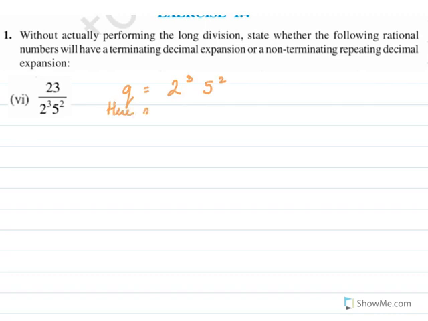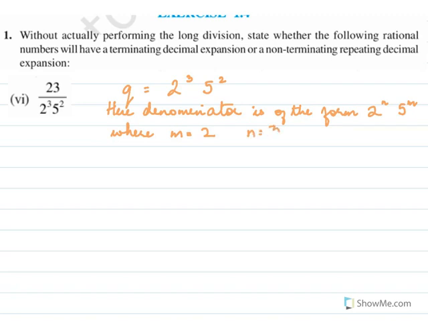So we can say here the denominator is of the form 2 raised to n, 5 raised to m, where m equal to 2, n equal to 3 are non-negative integers.